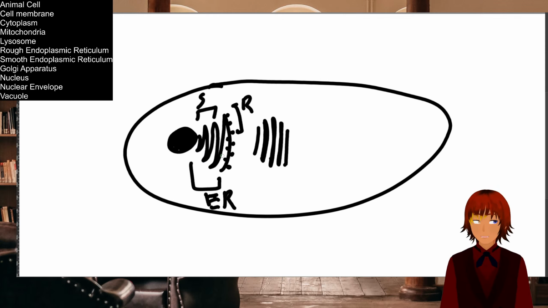Now your DNA is typically supercoiled, so it's all squiggly and stuff like that. And it's contained within a nuclear envelope or a nuclear membrane. And that's very important because the nuclear membrane controls what enters and leaves the nucleus.